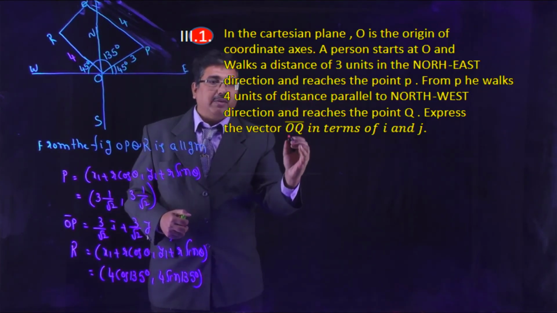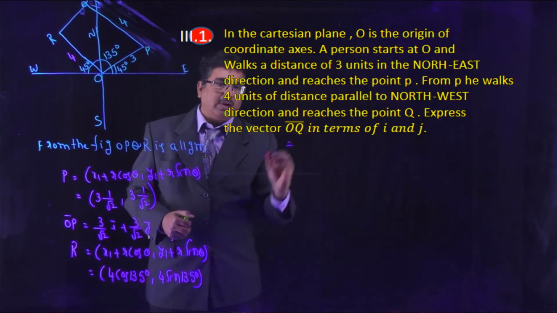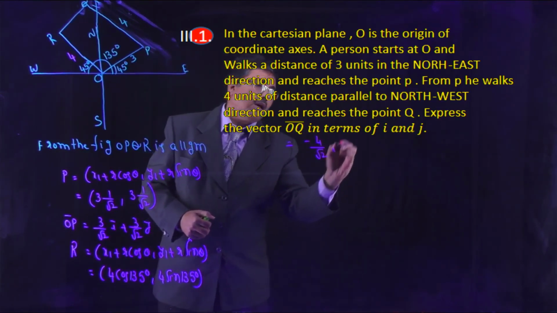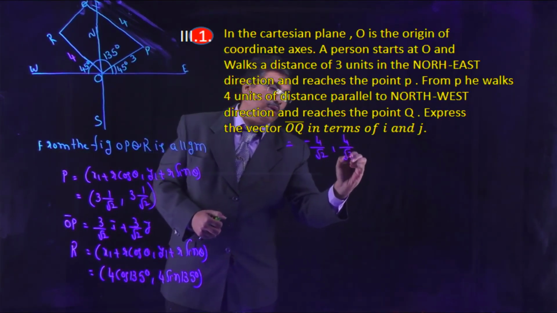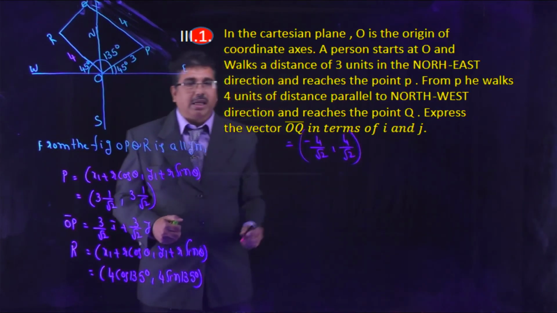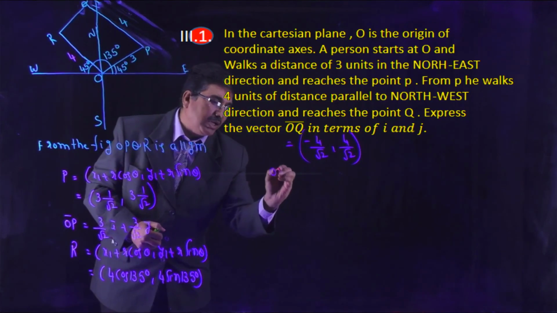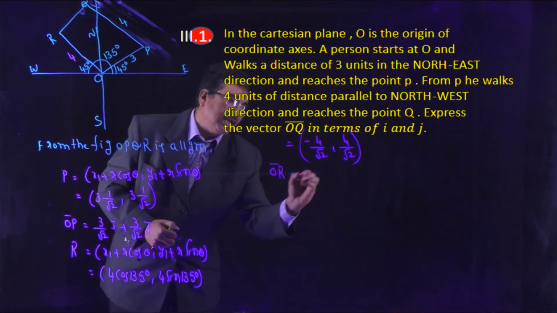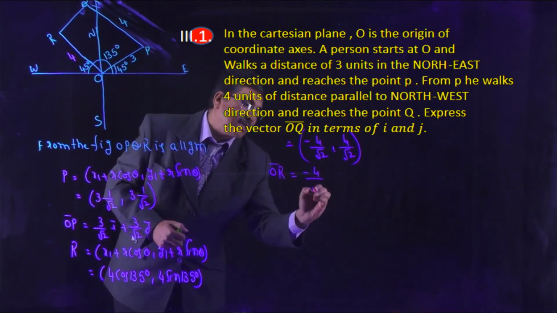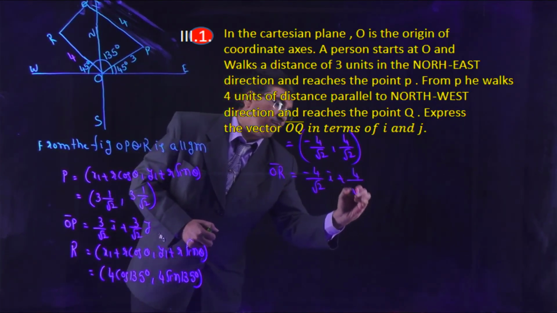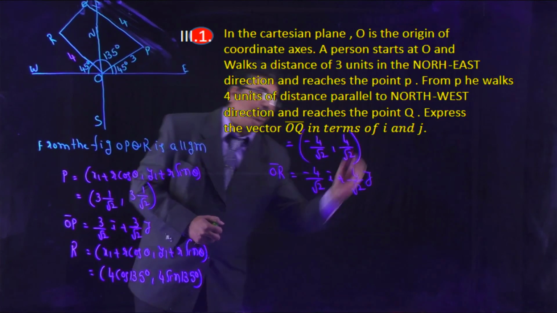So R is minus 4 by root 2 comma 4 by root 2. Right, that is capital R. OR bar is equal to minus 4 by root 2 I bar plus 4 by root 2 J bar.